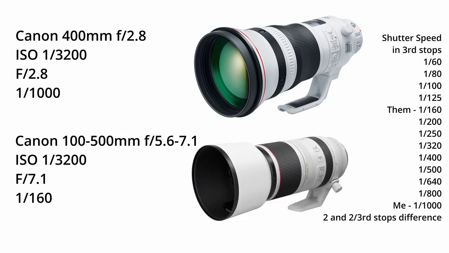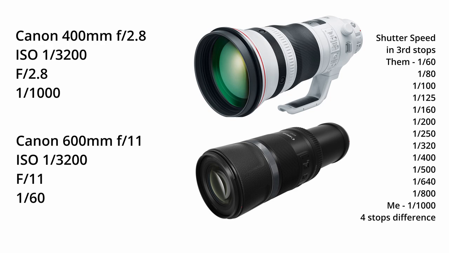A person with a maximum aperture of 7.1 will be down at 1/160th of a second. And those amazingly cheap f11 lenses, well, those guys will be shooting at 1/60th of a second. Now, those photographers can get around this by aiming for a lower shutter speed and raising their ISO.